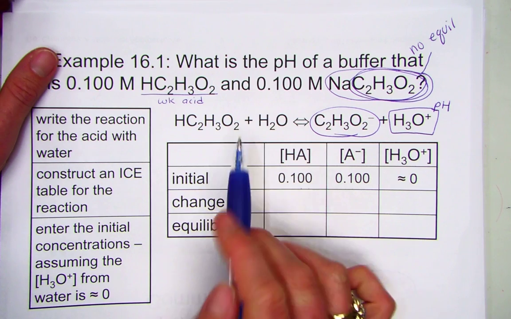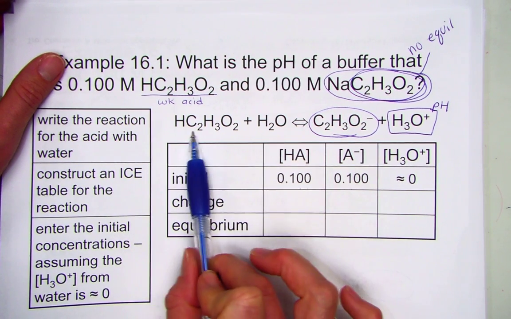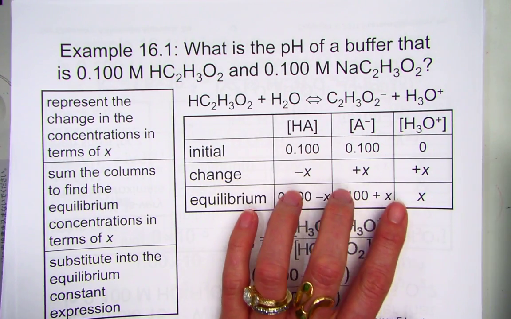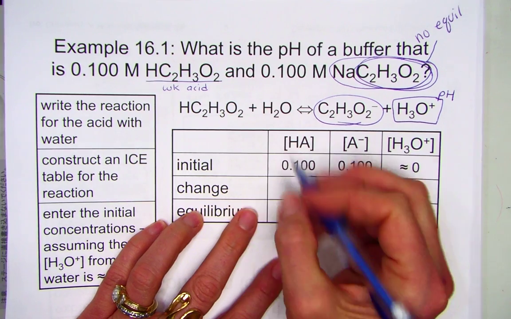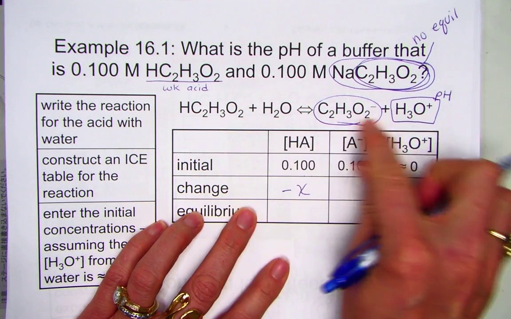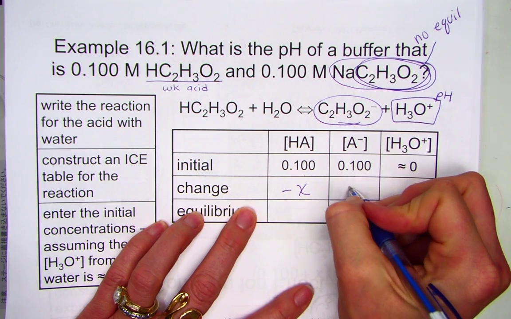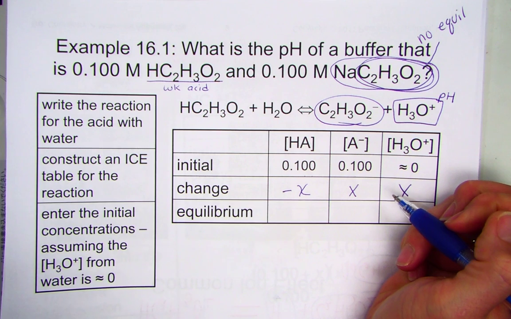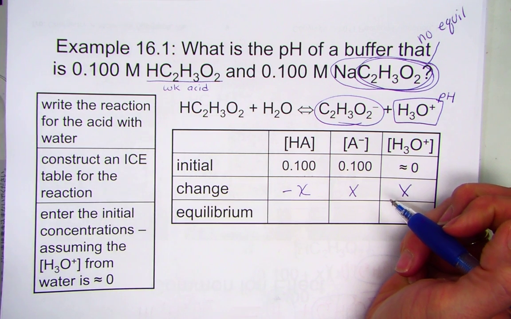Alrighty. Now originally the equation is going to occur from left to right, and I'm just kind of peeking ahead. They're showing us from left to right. So if we use up X amount of HA going from left to right, we are going to produce the same amount of the ion, since it's a 1-to-1 stoichiometric ratio.